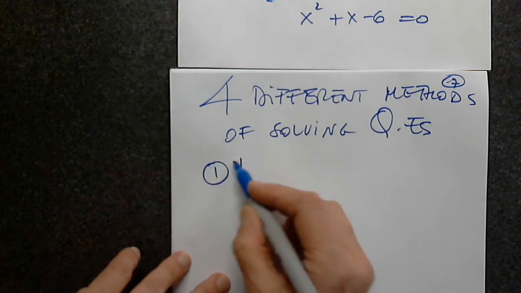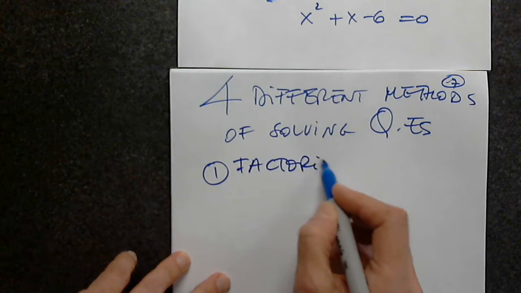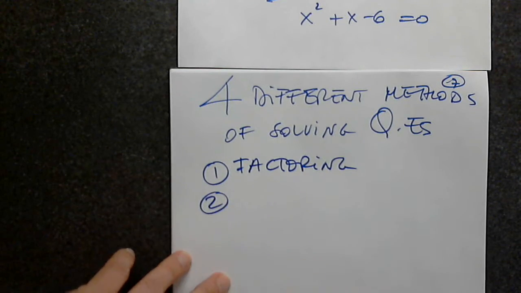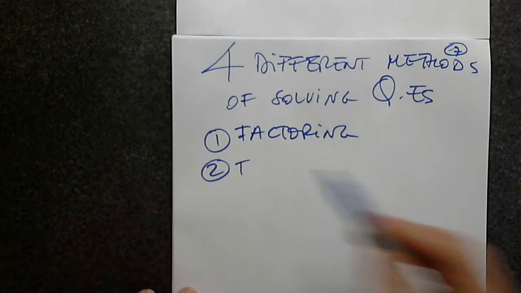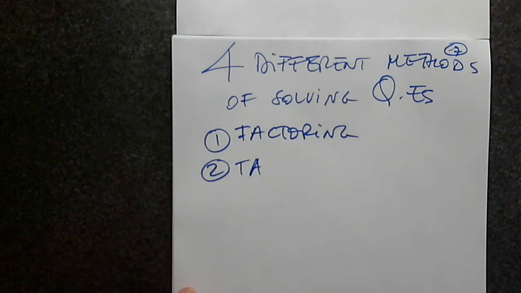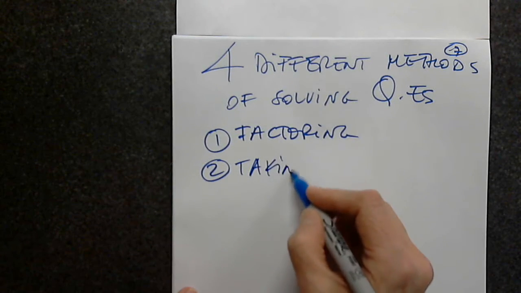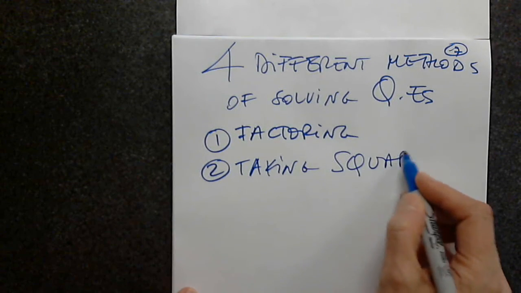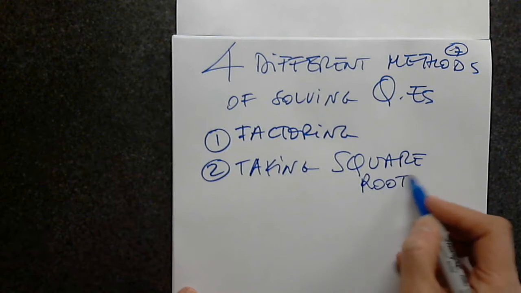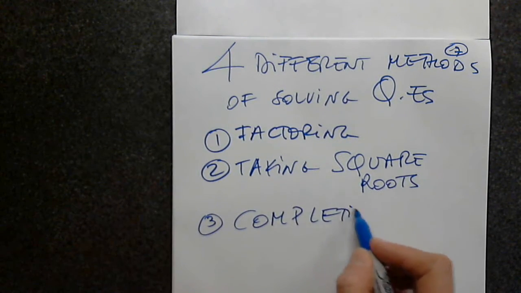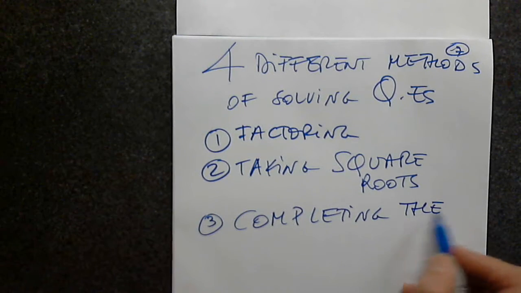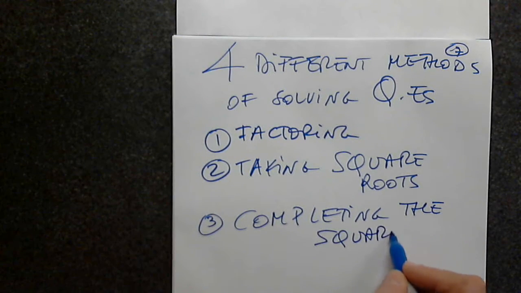Number 1, factoring. Number 2, taking, that's number 4. But you're right, the order is not important. Taking square roots. 3, completing the square.